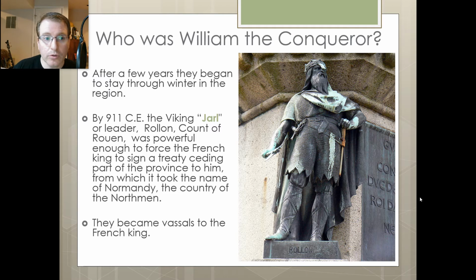So they get to rule Normandy, and they are loyal to the French king, but they get to reap the benefits of owning the land. They get the wealth, they get the produce.